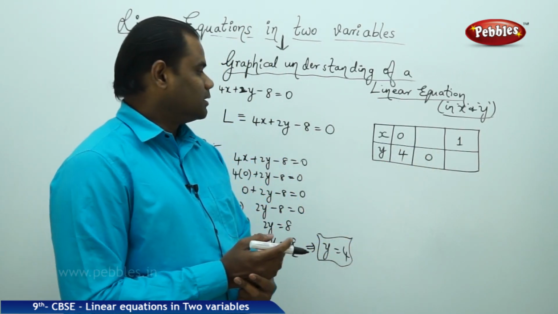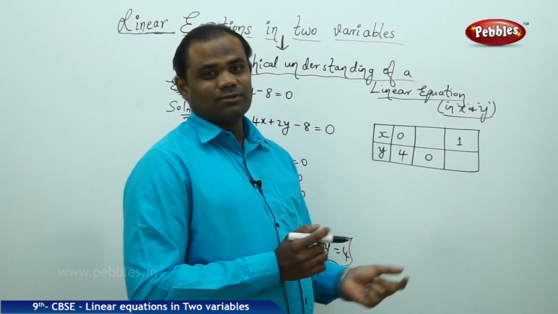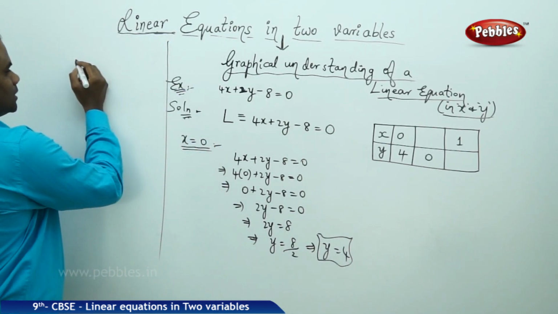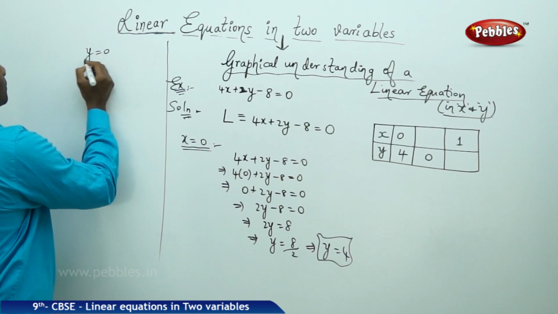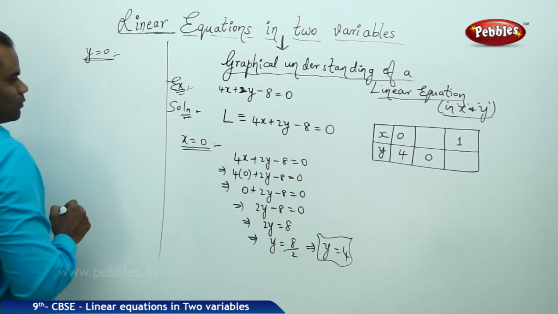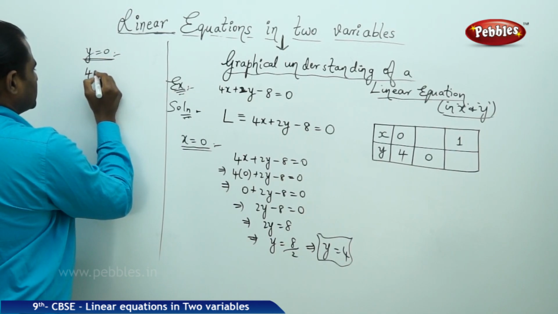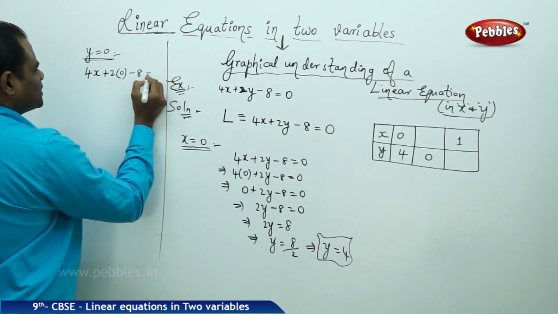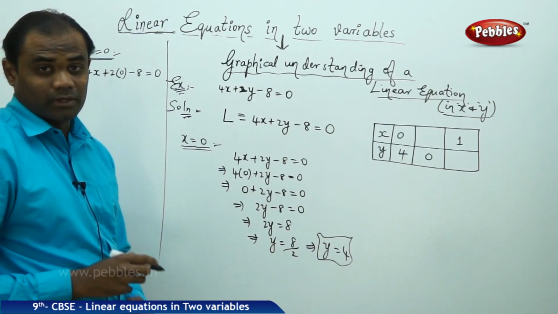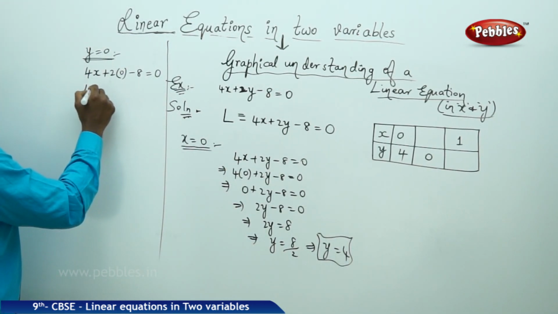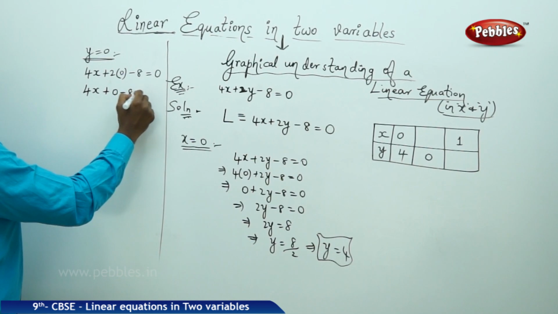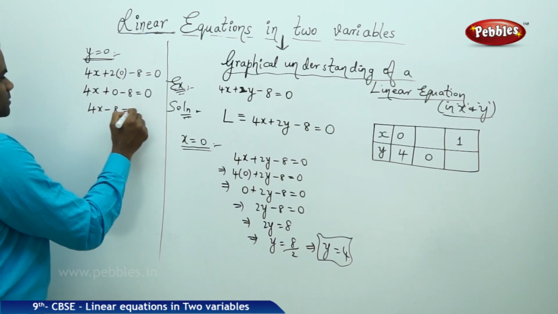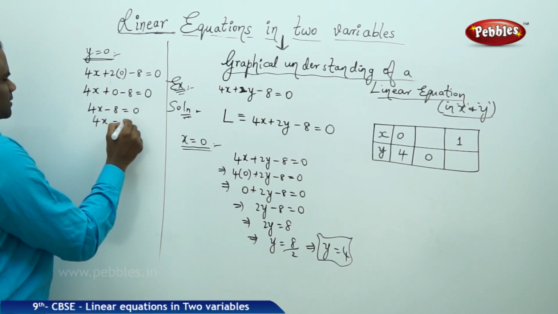Therefore, when I take the value of y as 0, let's see what the value of x is. Substituting y as 0, I get 4x plus 2y minus 8 equal to 0, which on further simplification gives 4x plus 0 minus 8 equal to 0, which gives 4x minus 8 equal to 0, and 4x is 8.